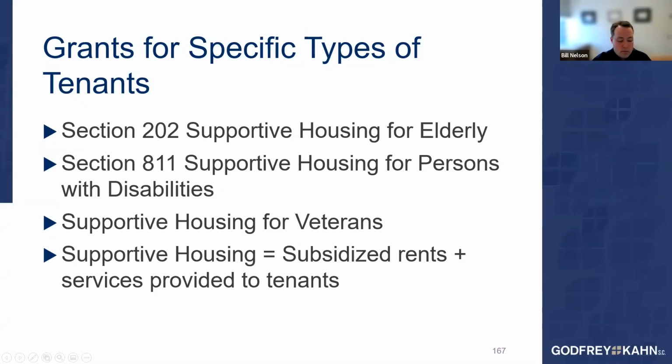We're going to discuss 3 programs: the HUD Section 202 supportive housing for the elderly, the HUD Section 811 supportive housing for persons with disabilities program, and then HUD-VASH, which is the Veterans Affairs Supportive Housing program for veterans. Thinking about supportive housing generally, there are usually 2 significant elements.